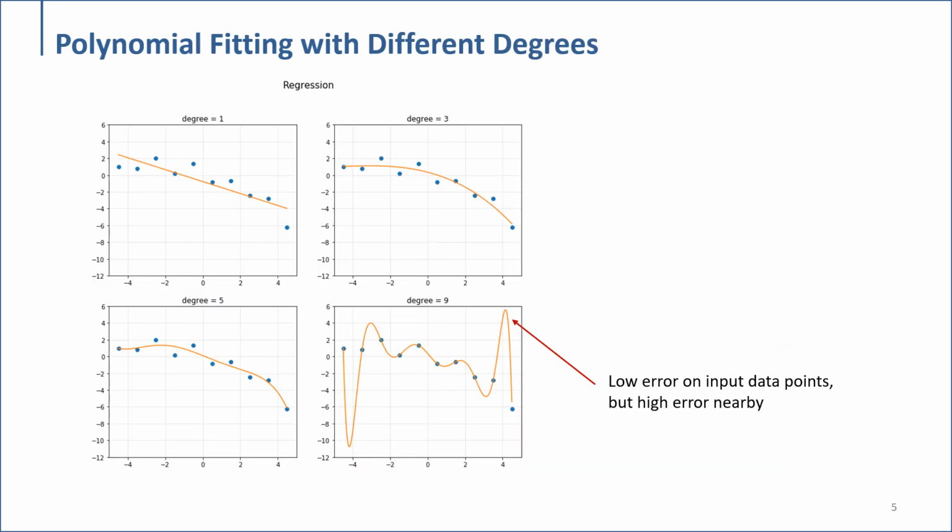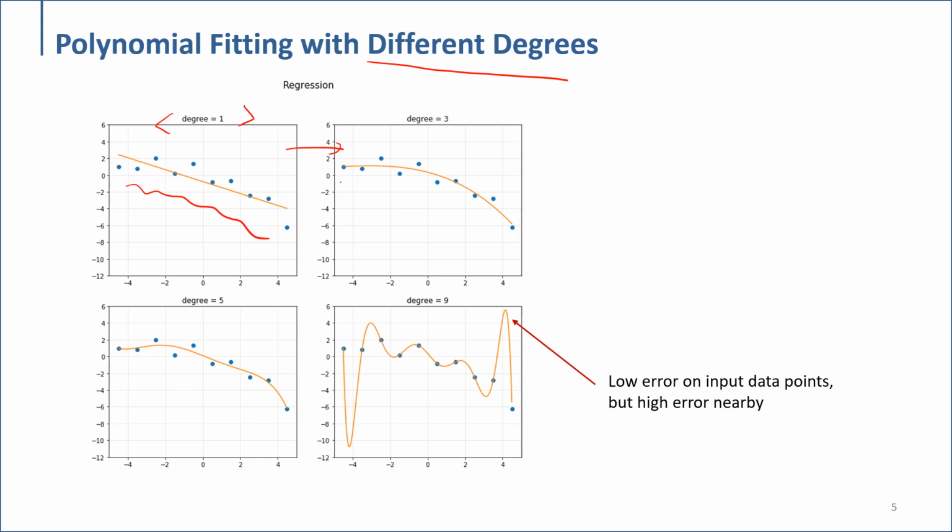Let's assume that we keep increasing the degrees of polynomial fitting with different degrees. As you can see here, when the degree is too small, we don't have many degrees of freedom to represent the fitting function, so we cannot say its accuracy is high.